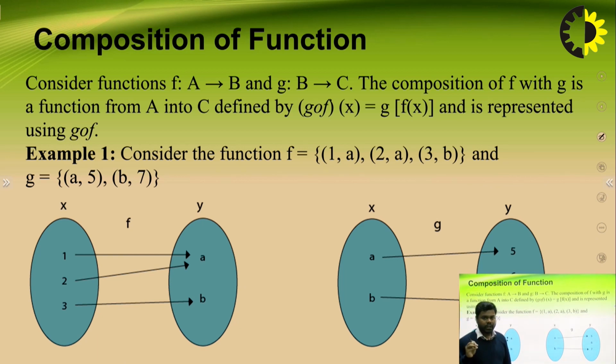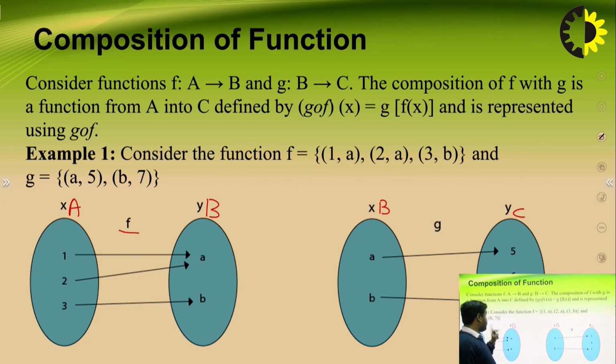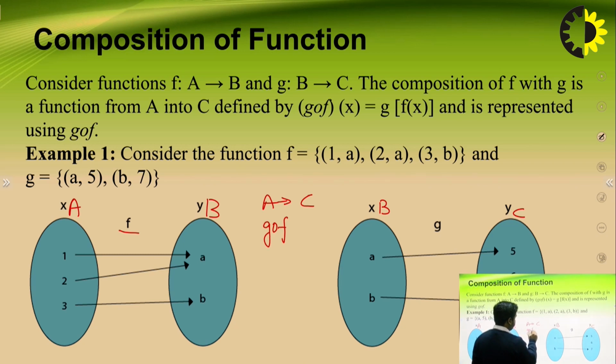I am going to tell a simple statement about it. A function f is related to A to B, and function g is related to B to C. Now A is related to B and B is related to C, so we can show that A is related to C. So we have to write g o f of x like this.